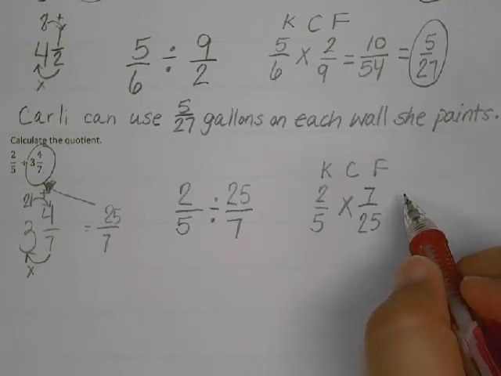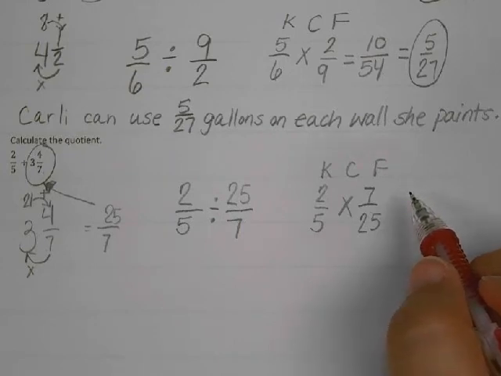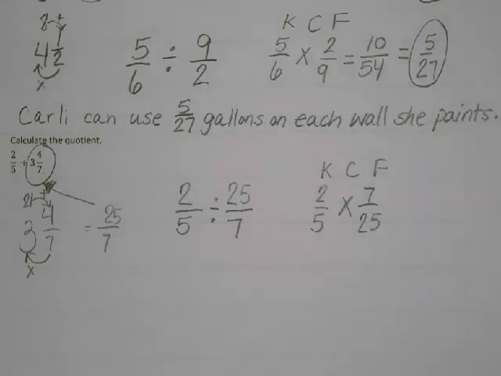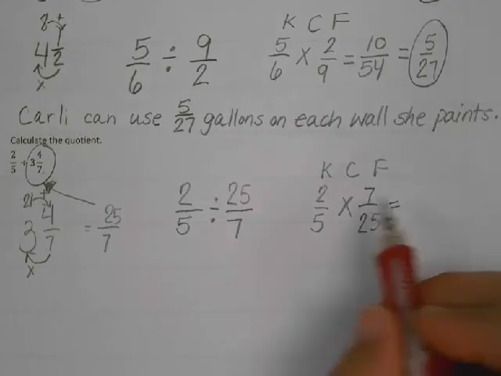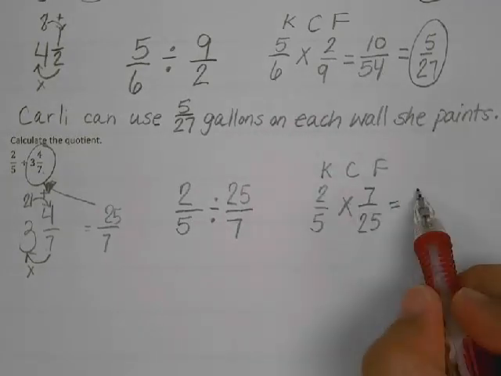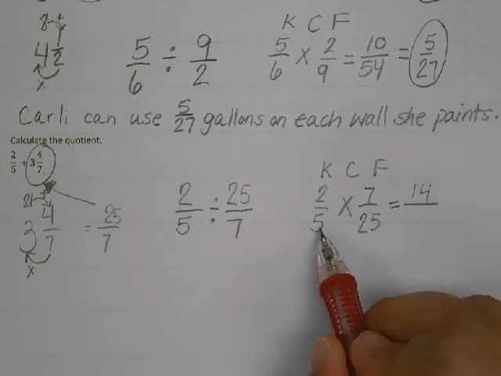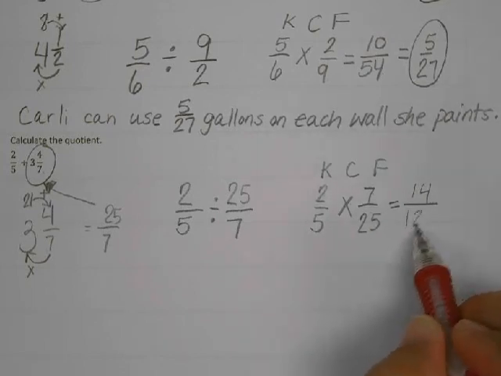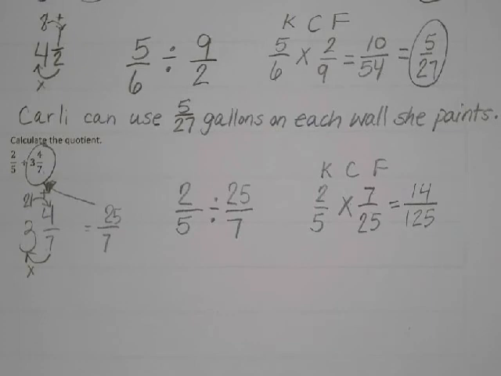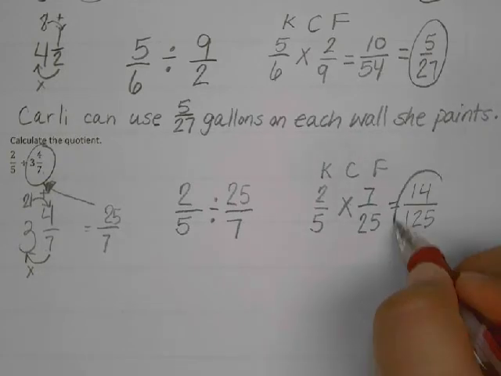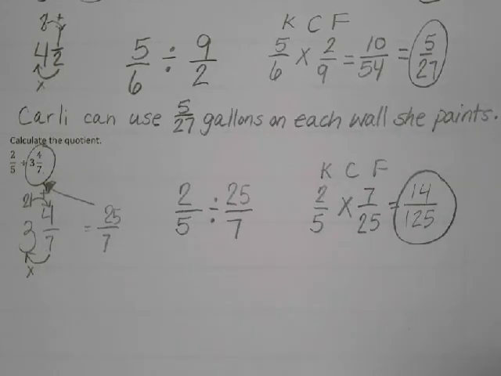And when I get my answer, I'm just multiplying 2 times 7 is 14 over 5 times 25, which is 125. And I can just leave it like that because I can't reduce that any further. So this becomes my final answer.